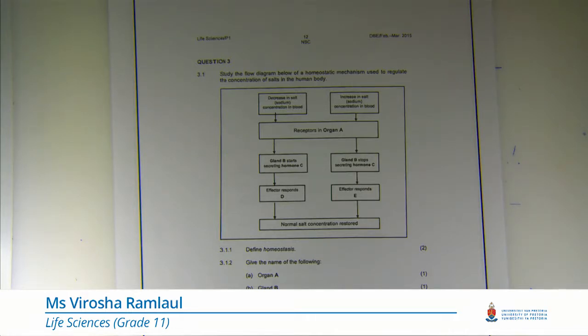And then they ask you, describe the response by the effector at D. Now, at D, what has happened? There's a low amount of salt. Can you see if you read the whole flow chart? So what must you say?